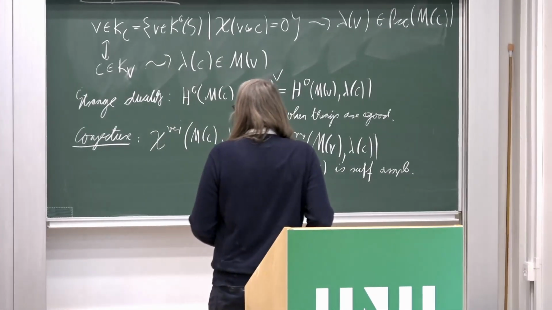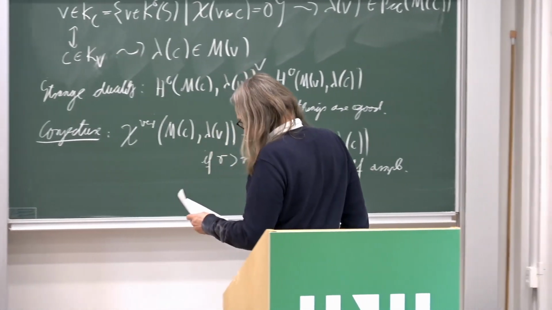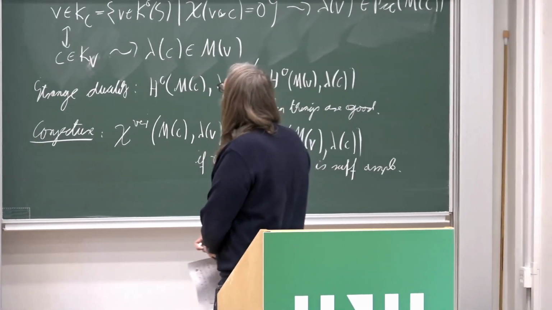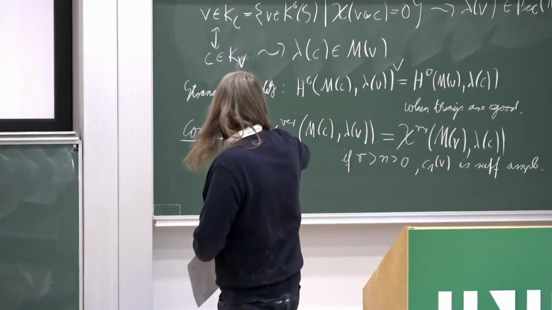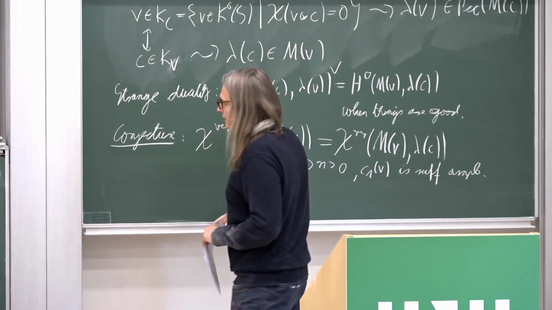So we can use the strange duality. As we now have a formula for the A_i when r is bigger than n, we also know the power series.